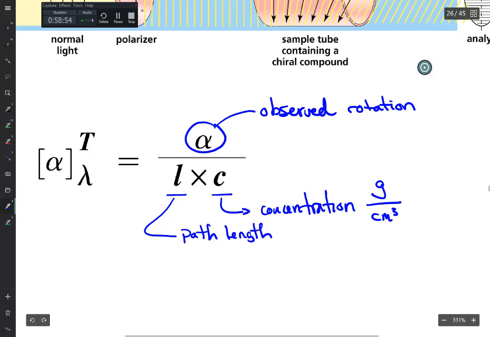And like I said, usually this path length is 10 centimeters, but it's usually measured in decimeters. But a decimeter is 10 centimeters, because a centimeter is a hundredth of a meter, a decimeter is a tenth of a meter, so there's 10 centimeters in a decimeter. And this is the specific rotation.